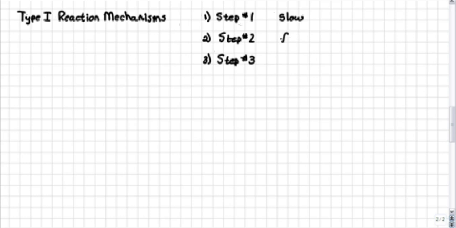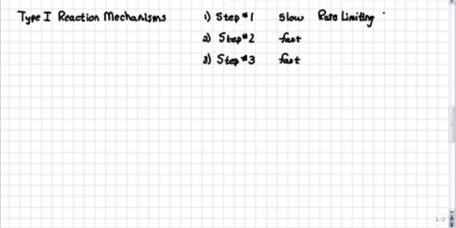All right, so as we look at this very schematic description of a reaction mechanism, we can identify the rate limiting step simply as the one that is slow. And so the rate limiting step is this one right here.